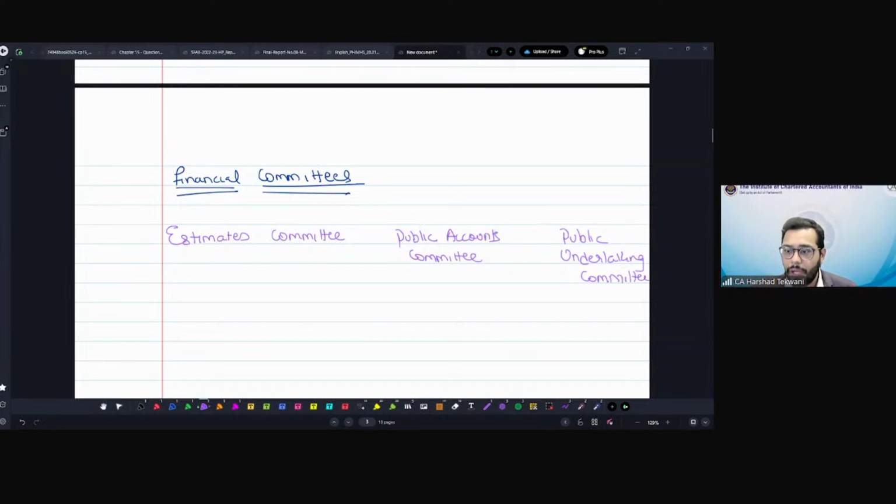How changes can be brought in with respect to the functioning of the particular company with respect to the estimates. Now, this committee does not perform the functions which are performed by the public accounts committee and the public undertaking committee. There is a list of procedures that they are required to follow.